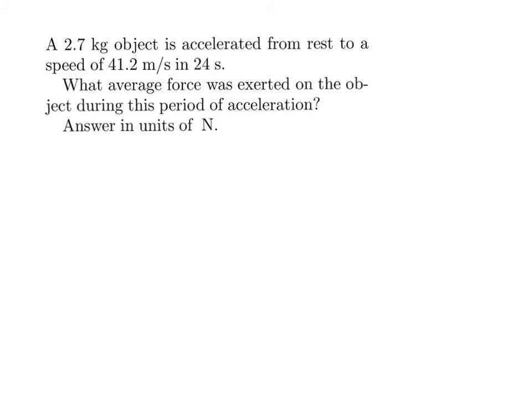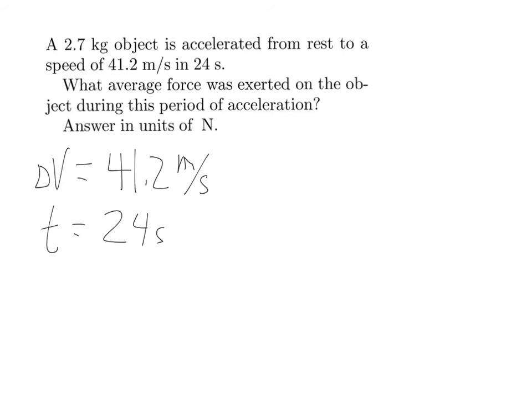Alright, so we know that we have a change in velocity of 41.2 meters per second, and the time is going to be 24 seconds. We know the mass is 2.7 kilograms. Okay, so you're going to use your acceleration equation.